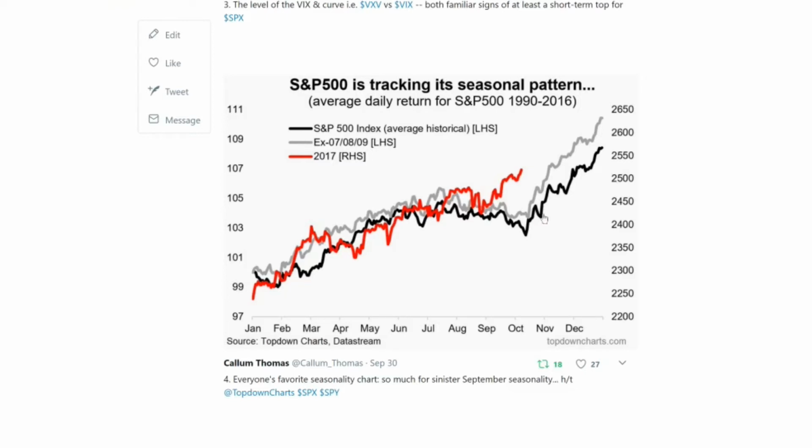Another thing to note there is that October, on average, is positive, but within those averages, October is actually a unique month in that it has the highest, best, and the lowest, worst return on record and the highest standard deviation. So October is a wildcard month, and I can think of a couple of things that would make you think it could indeed be a wildcard month this time around.